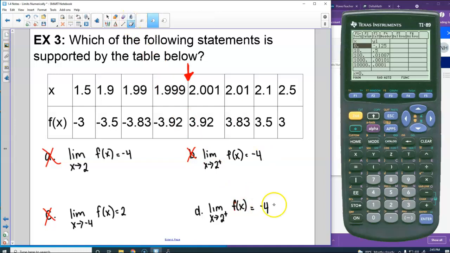Regular 4? Okay, there we go. Regular 4. So that f of x does need to be there. That was poor notation on my part. I apologize for that. But if f of x was there, D is the correct answer because you get closer and closer to 4. Now, it doesn't guarantee it's the case, but this table supports that idea.